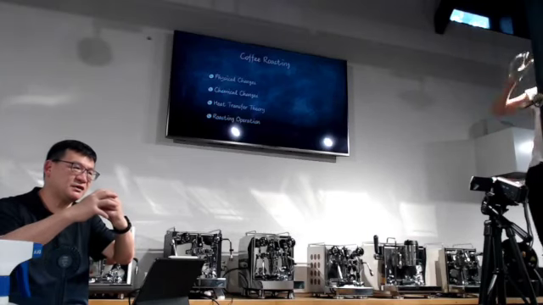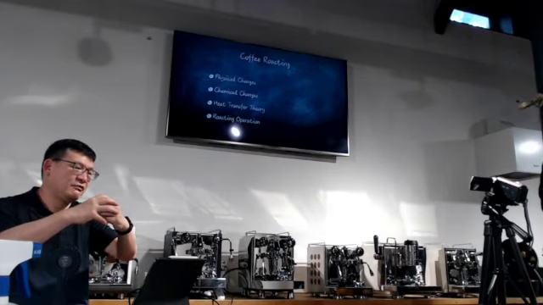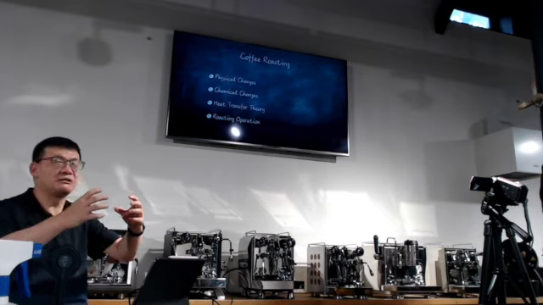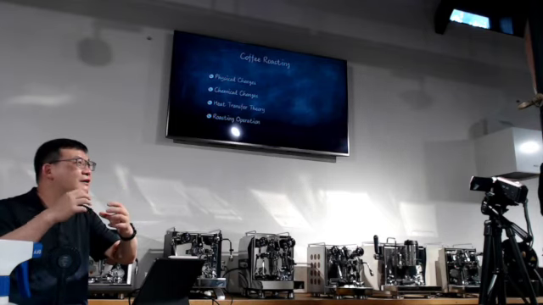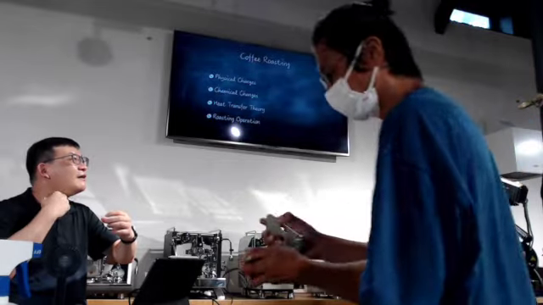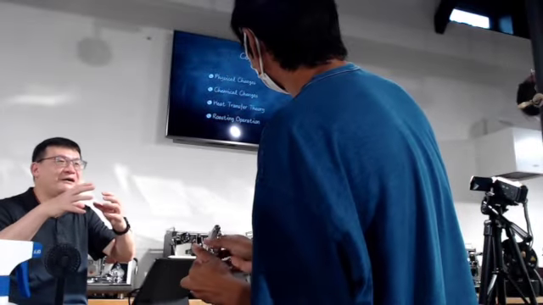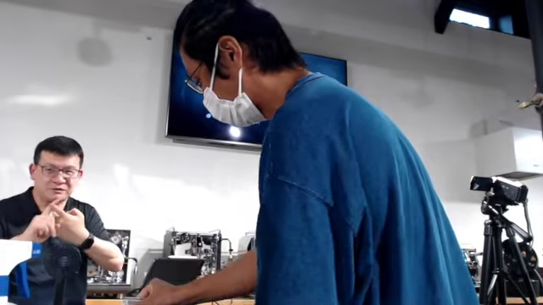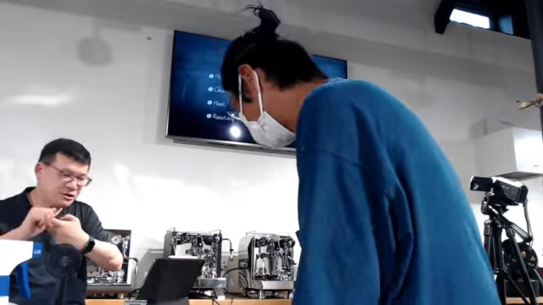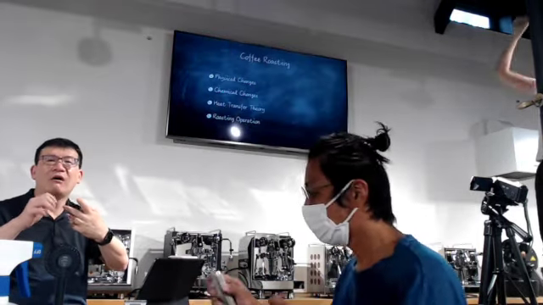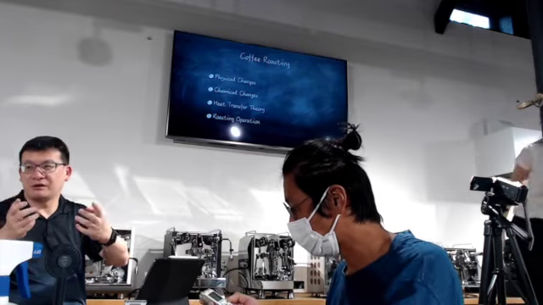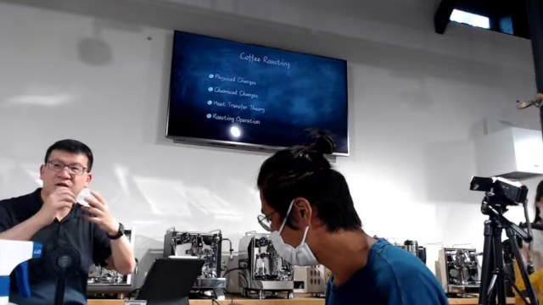The coffee beans have physical change. Okay, that's the first thing. We need to talk about the physical change, and then we talk about what happened during roasting, about the chemical change, all these chemical reactions.